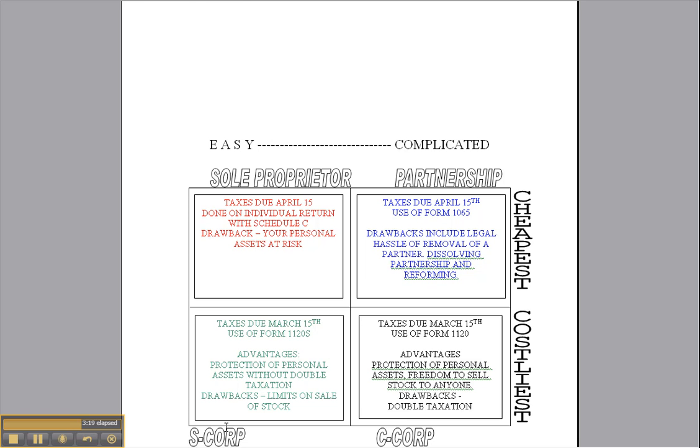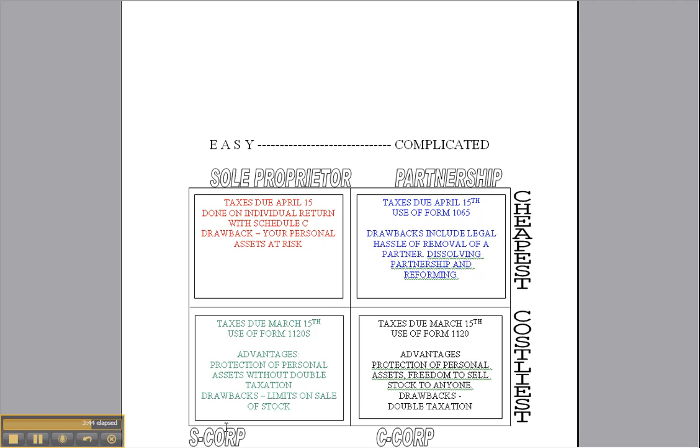The next one is the C-Corp. Taxes again due March 15th. They use the 1120, and in addition to that, Florida requires C-Corps to file a form with them as well, which is an additional charge to get a state return done. You don't owe anything on it, but still, it's another charge that accountants use to charge you to get your taxes done.